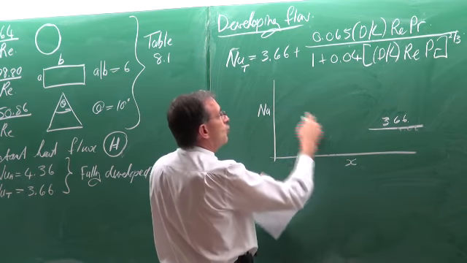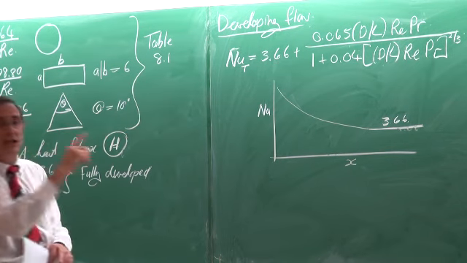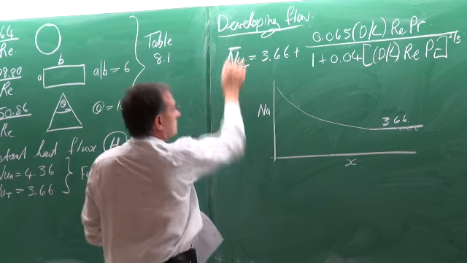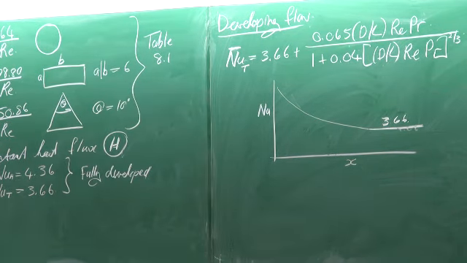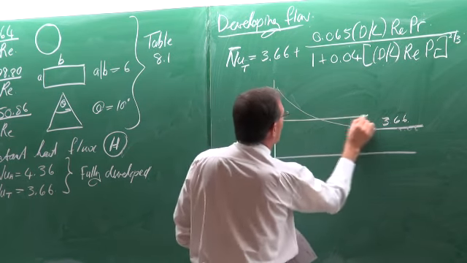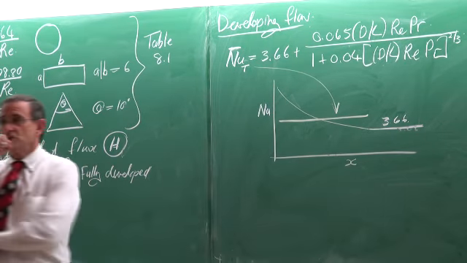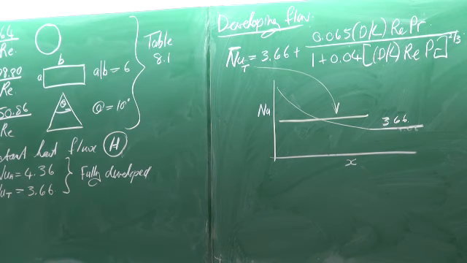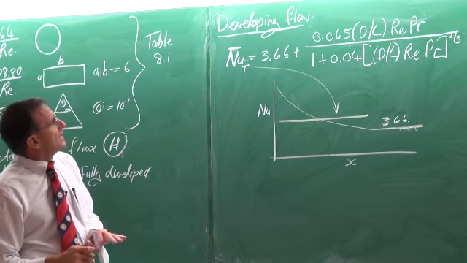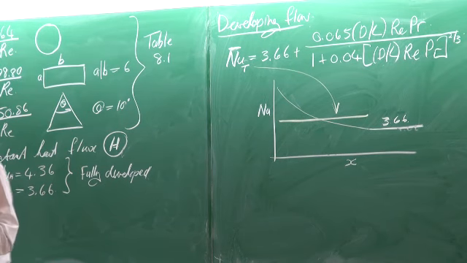Obviously, if it is smaller, you're going to get something like that. But what is very handy about this equation is that it actually gives you the average from 0 to L. So if you've got a case where the flow is not fully developed, you can use the equation of Edwards, and that is going to give you the average Nusselt number from 0 to L.